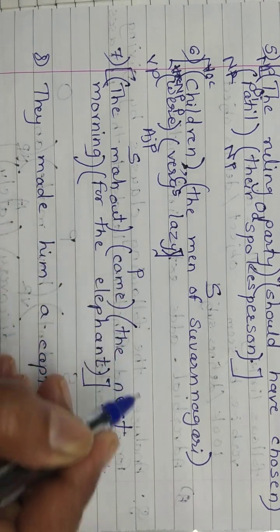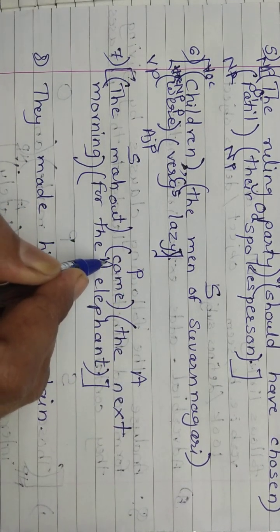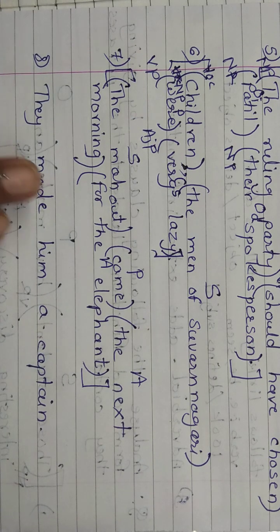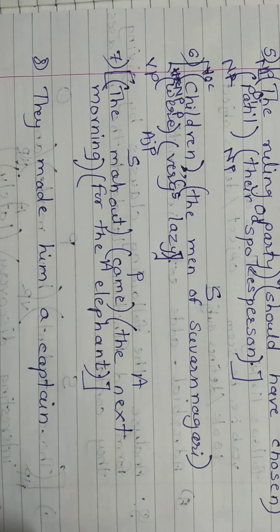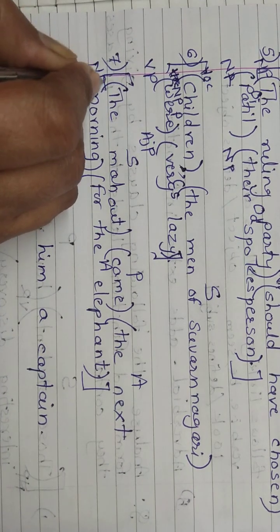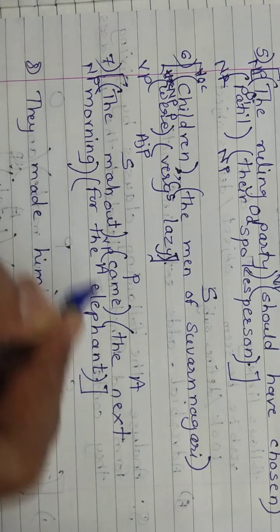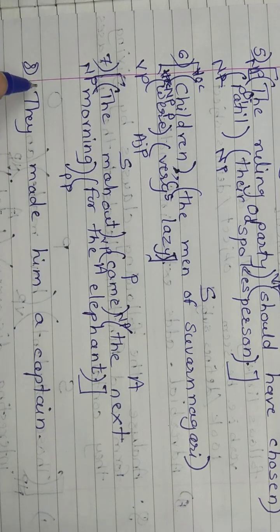S P A A. No object, no complement, only adverbials, because came is an intransitive verb. It doesn't take any object. Noun phrase, verb phrase, the next morning is a noun phrase, and a prepositional phrase.